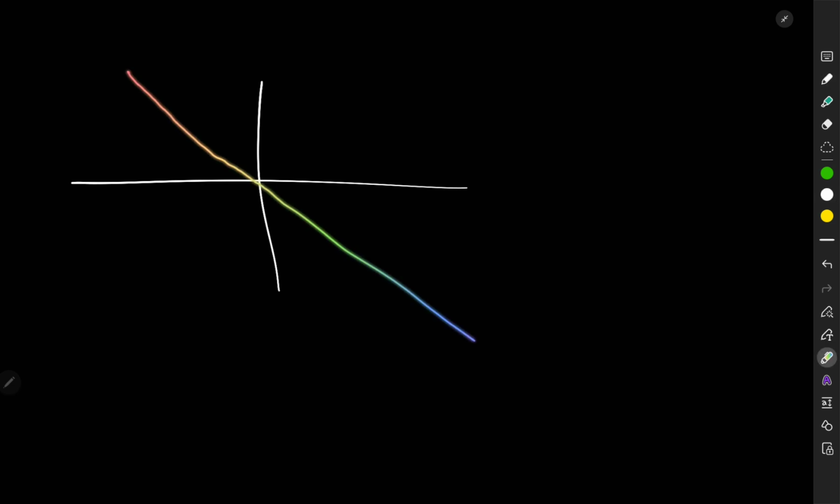Let's say this is a normal and this is the slab. If the light ray goes straight like this, mu 1 should be equal to mu 2.